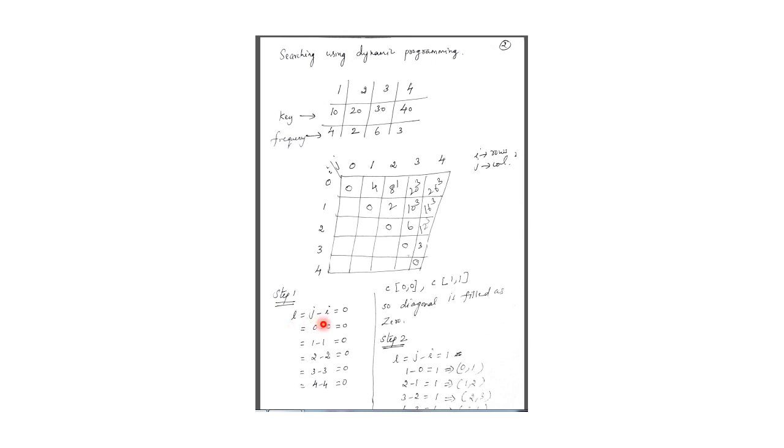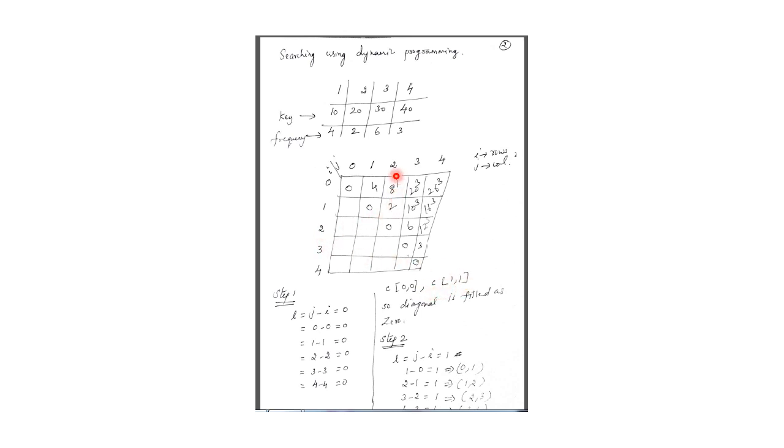For computing the values in the table, we have to use the formula L is equal to j minus i is equal to 0. That means if we subtract any two values, you should get the resultant as 0. So if we subtract 1 and 1, we will get 0. Likewise 2 minus 2 is 0, 3 minus 3 is 0, 4 minus 4 is 0. Then we have to find the cost.